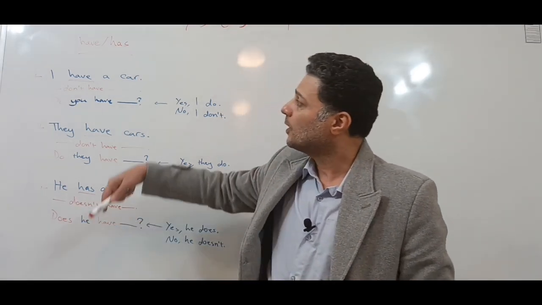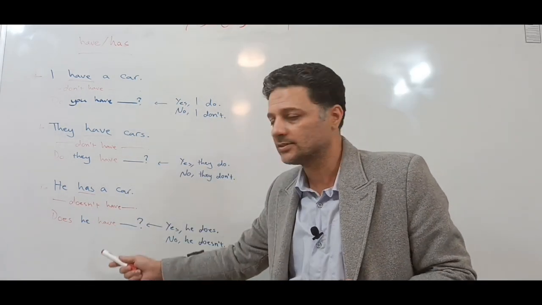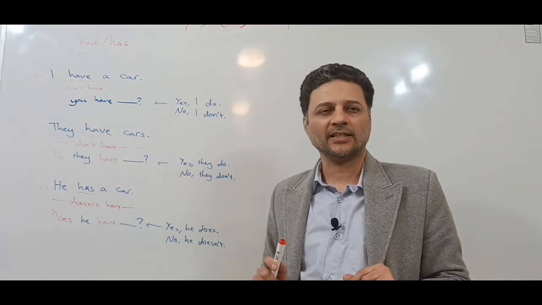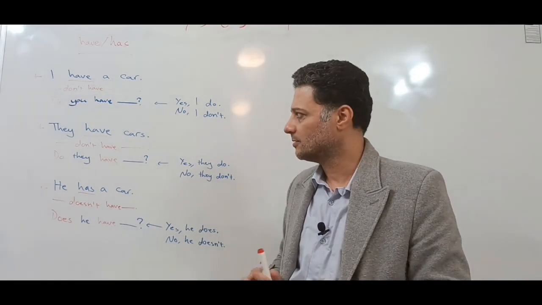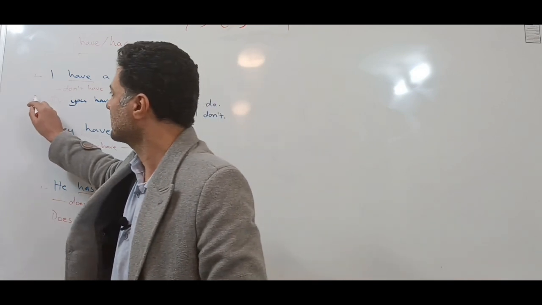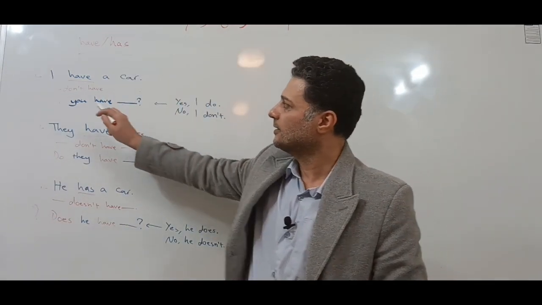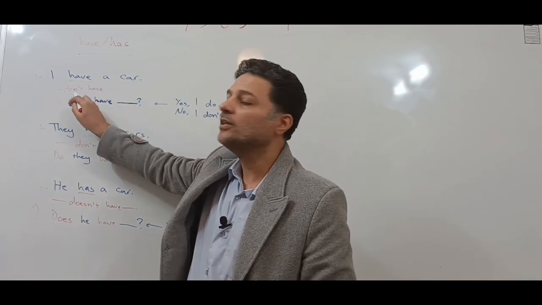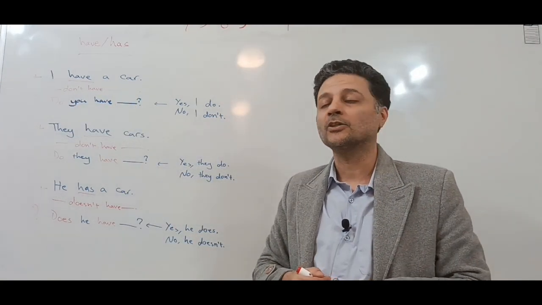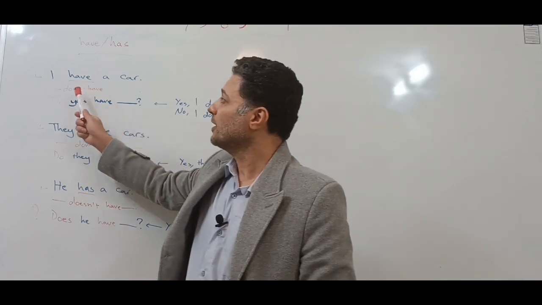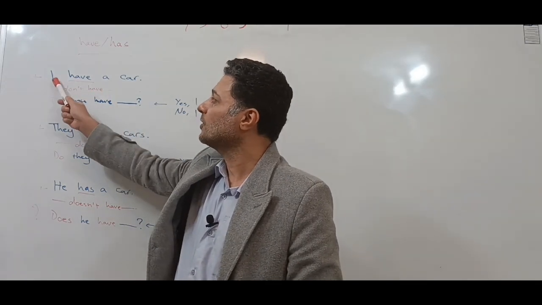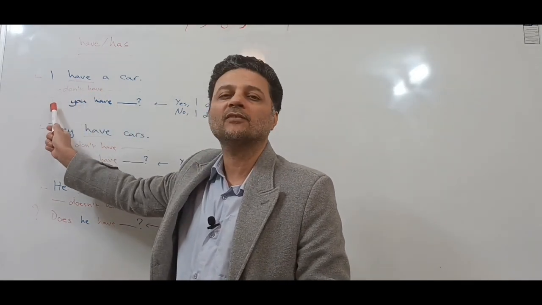And if you want to make all of these sentences or the examples that I gave questions, make them interrogative sentences. Now you can see, do you have, we use again the auxiliary verb do. But we don't use do after I. We bring it to the beginning of the sentence.